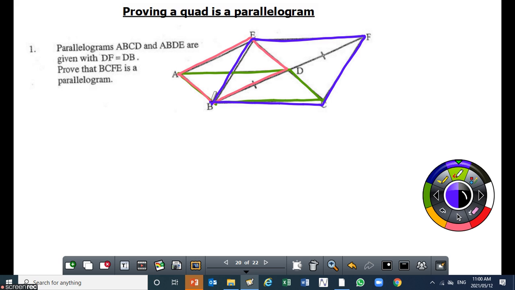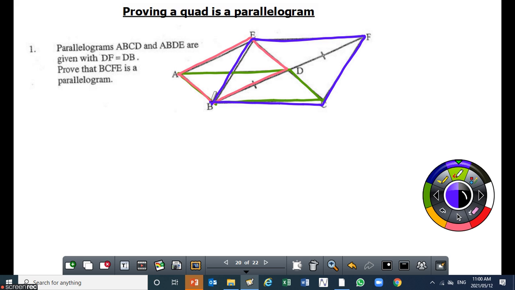Well, first thing, you have to know your properties of the parallelogram and their converses. As I told you yesterday, I'm going to repeat it again. There are only 5 ways that you can use to prove that a quad is a parallelogram: two pairs of opposite sides that are equal, two pairs of opposite sides that are parallel, diagonals that bisect, or a pair of opposite sides that are equal and parallel.